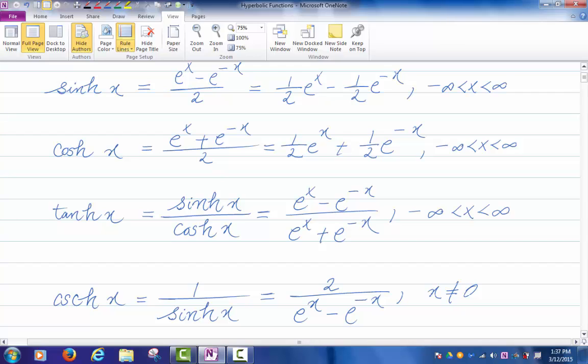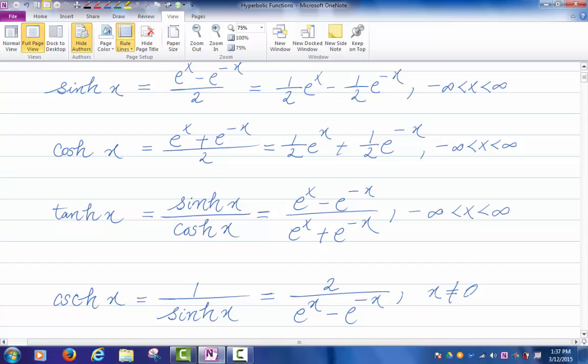Yeah. So what I want to mention though is that I have these three functions. Notice that these functions are really defined in terms of the exponential, right? And we define the inverse of each one of them.